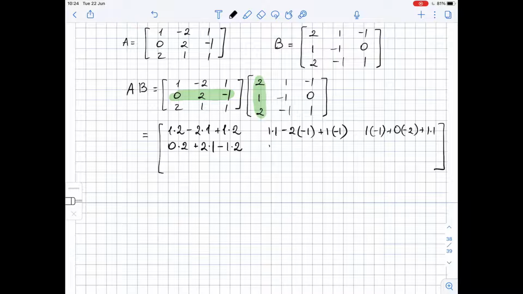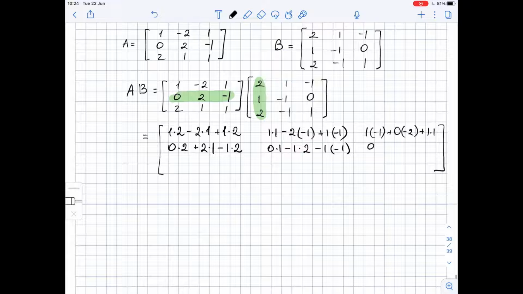So 0 times 1 minus 1 times 2 minus 1 times negative 1. And now the dot product of the second row and third column. So 0 times negative 1 plus 2 times 0 minus 1 times 1.